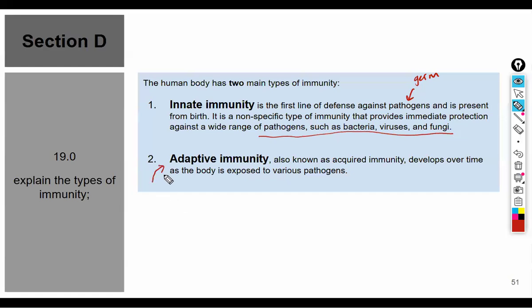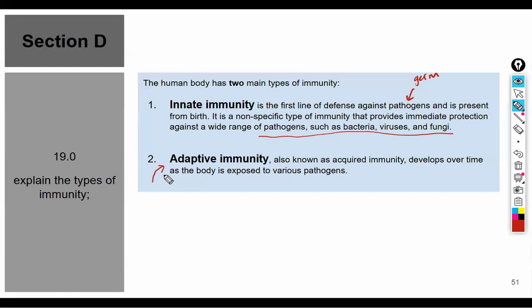Adaptive immunity happens after the baby is born. After the baby is born and growing up, it comes into contact with other germs. And over time, while it is growing up, it will improve its immune system. Makes sense, right? You're born with a basic immune system, but you can't live with that for the rest of your life.